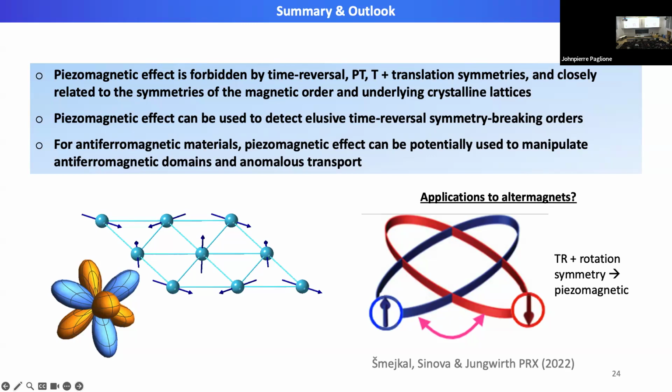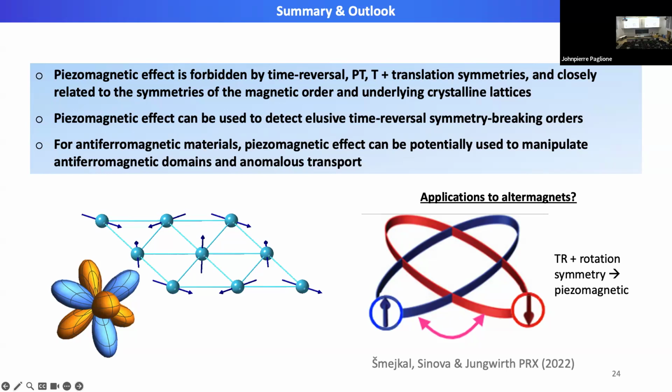It is allowed, but I think the effect is more likely to be stronger in non-collinear antiferromagnets because naively, in ferromagnetic systems, the moments are already aligned, and even if you deform the lattice, the amount of change in the magnetization you're going to induce is not going to be that large.